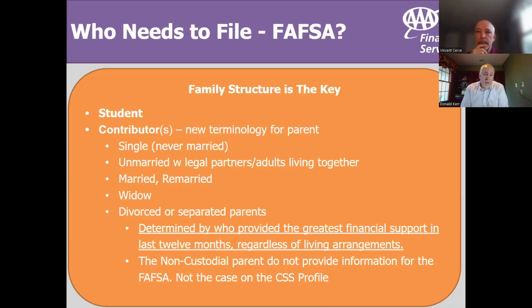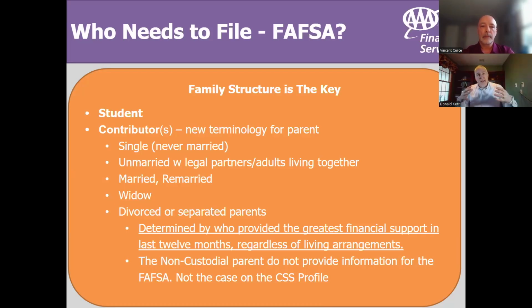So it's pretty simple. In a single parent situation, just one parent fills it out. If you have unmarried parents, but they're living together and they're considered legal partners, now you're going to have two parents that need to fill it out. Married or remarried, that's probably one of the most common ones where I get a lot of questions. So if you've got a student and two married parents, it's pretty easy. Their information goes into the FAFSA form.